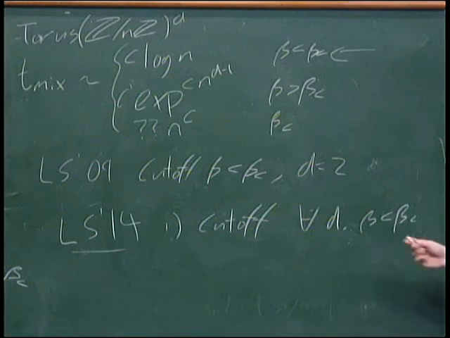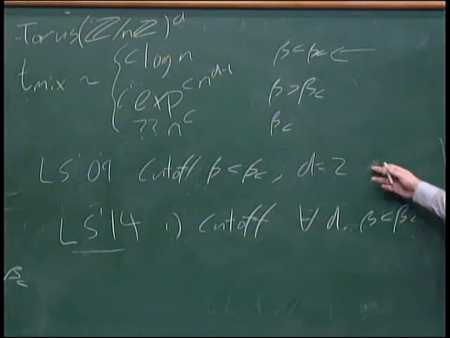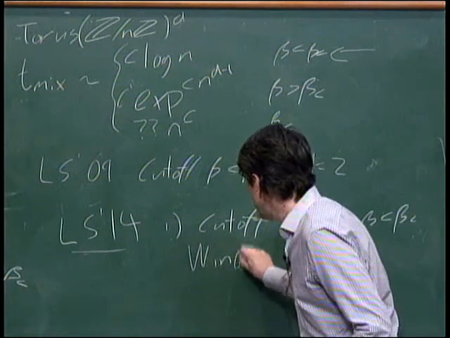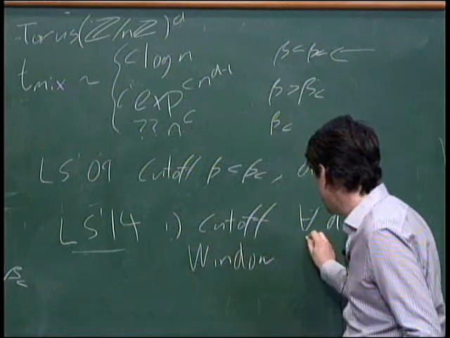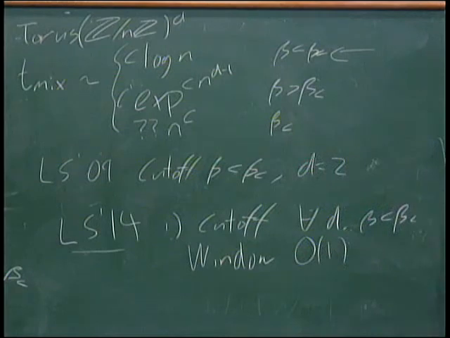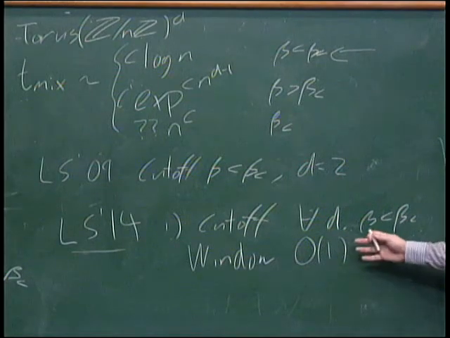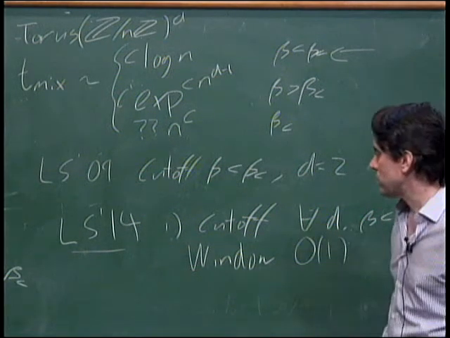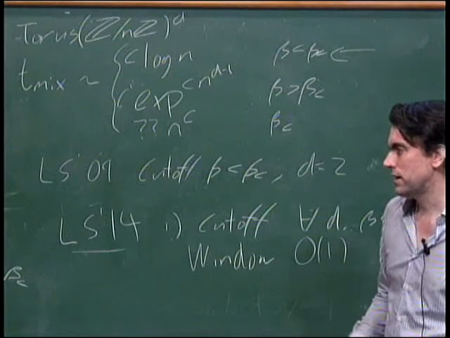In 1 dimension, this is cutoff for all values of beta, because there's no phase transition. We already knew that before. We prove that the window is of constant width. Before, we had something suboptimal that it was log n. And our results also extend to other graphs as well.